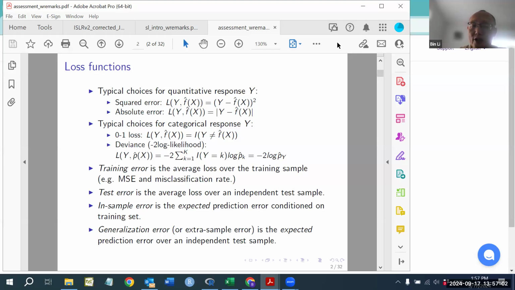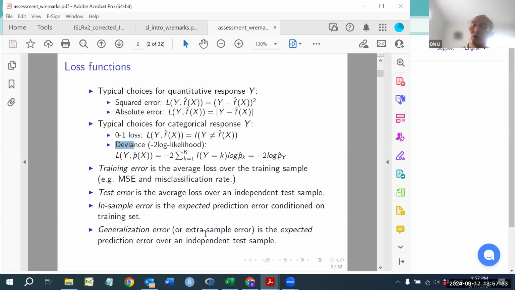For regression, the most commonly used loss function is squared error. A less commonly used one is absolute error. For classification, we have 0-1 loss, deviance, and some others. I just listed two for each problem, but there are several other choices.